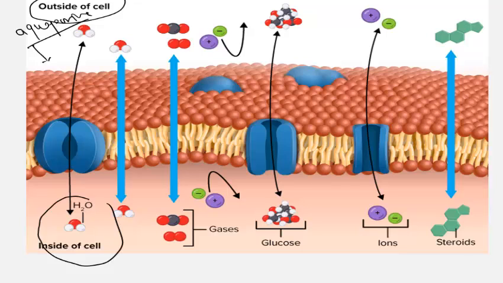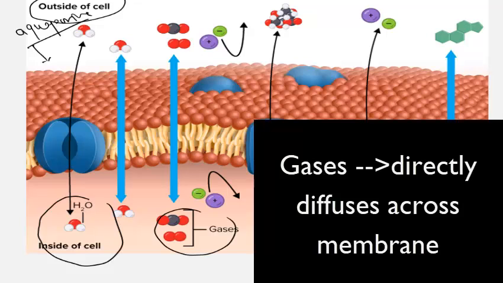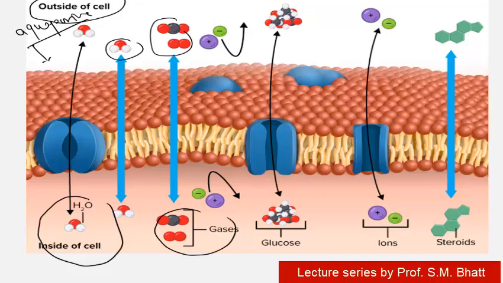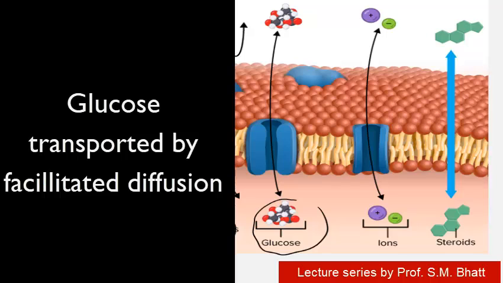Now, how do gases diffuse? They don't need any membrane protein, channel protein or carrier protein. They diffuse directly according to the concentration gradient. Glucose: because we eat a lot of food, everything is converted into glucose. So it must be diffused from inside to outside or outside to inside via facilitated diffusion, okay?